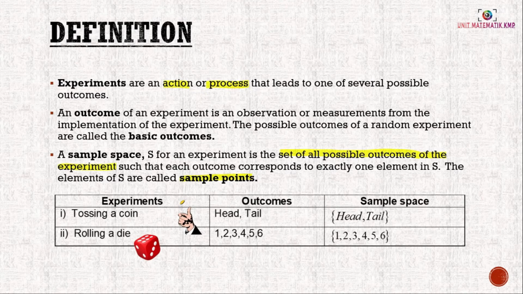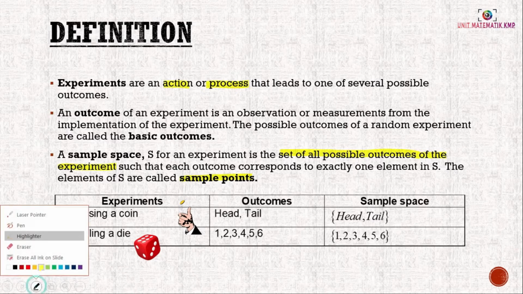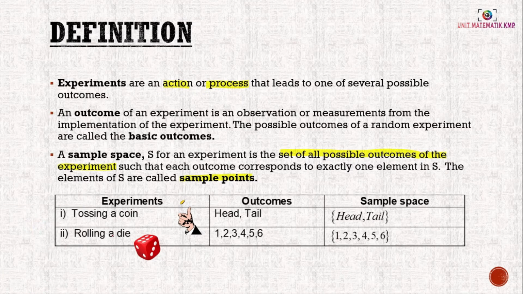So kita tengok dalam table untuk mudah kita faham term-term ini. So contoh eksperimen adalah when we toss a coin, kita lambung shilling, ataupun kita roll a die, baling dadu. So when we toss a coin, the outcome is whether we have head or tail, kepala ataupun ekor. So the sample space kita letak dalam curly bracket.